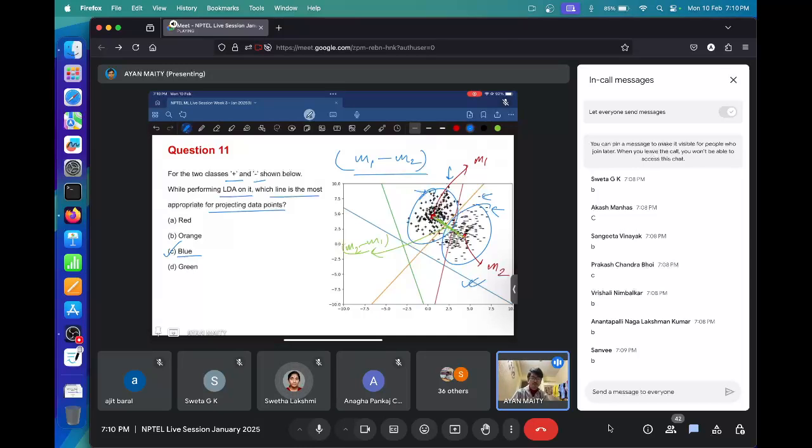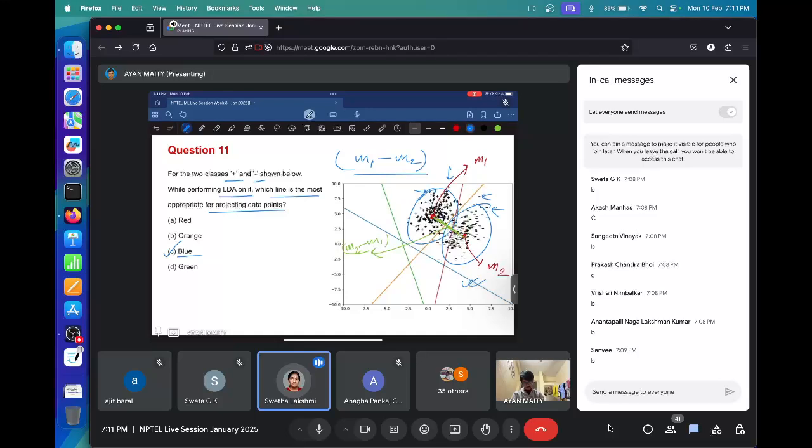So by projecting the data points on this blue straight line, it will be able to reduce the dimensions. Also, in LDA the objective is to maximize the inter-class variance, and by projecting the data points on this blue straight line, it will be able to maximize the inter-class variance. So blue is the correct answer here.